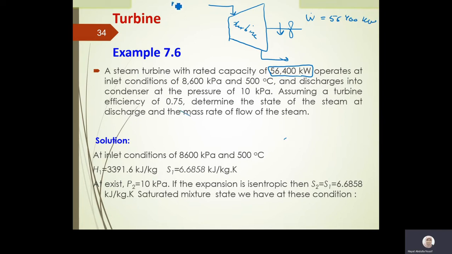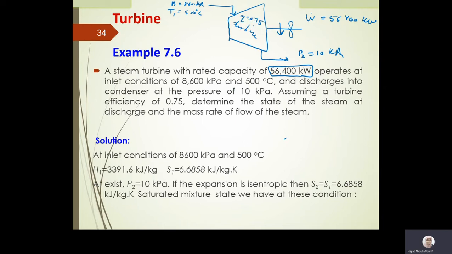The inlet conditions were given as P1, which is 8,600 kilopascal, and temperature T1 equal to 500 degrees C. They said that it discharges into the condenser at a pressure of 10 kilopascal, so the final pressure here is 10 kilopascal. And the efficiency of the turbine is 0.75.